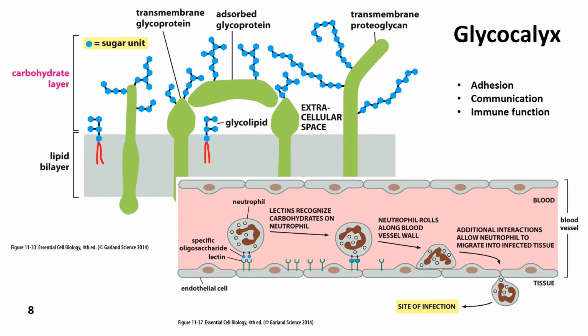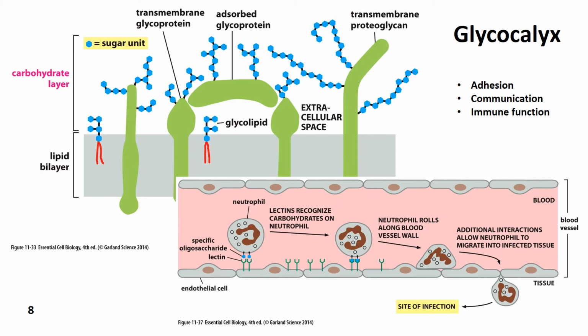This is dependent upon a specific interaction between a carbohydrate on the surface of the neutrophil and a protein receptor that is being expressed on the surface of the specialized epithelial cells that line the bloodstream.